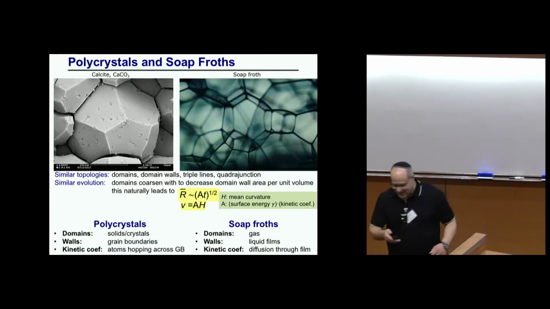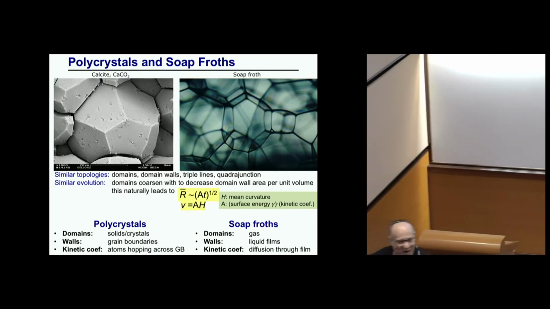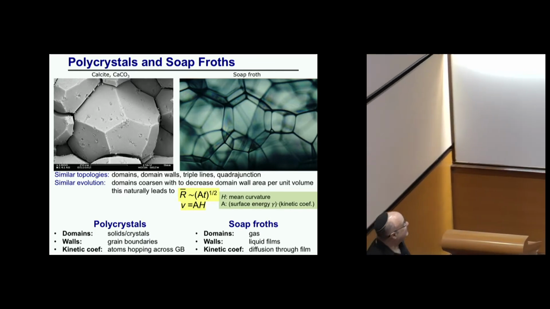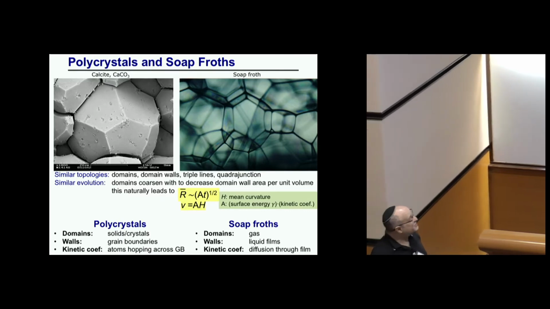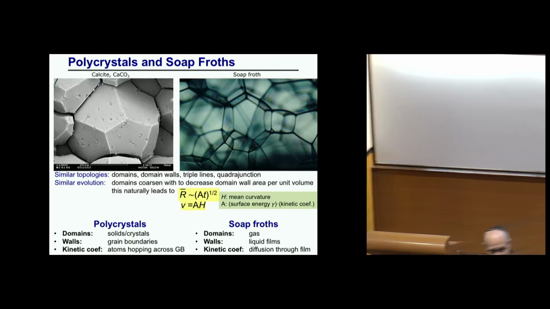So let's get on with it. Let me first tell you what we are talking about here. What you see are two kinds of domain structures. This is a polycrystal, a ceramic material, calcium carbonate. This is a soap froth, bubbles. This is the head of a beer. This is dishwater.